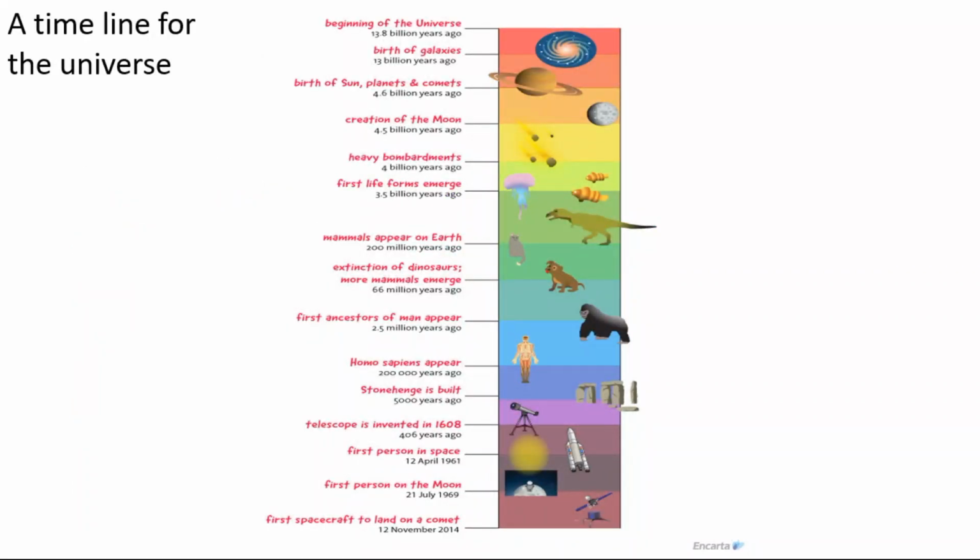A timeline for the universe. The universe has so far moved through different stages to what we have today. 13.8 billion years ago was the time it was created, or formed, the birth of the universe.